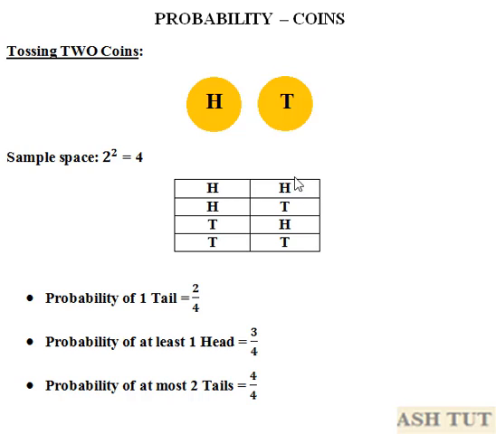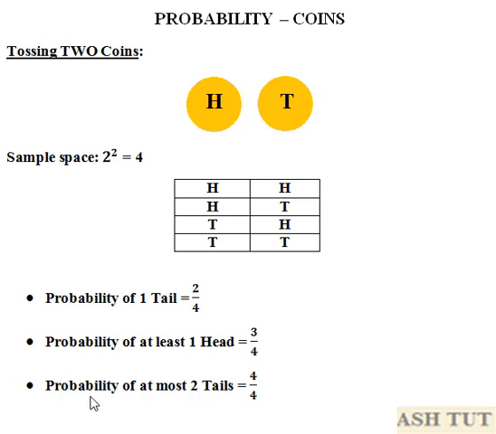We will also consider this, because minimum head we want is 1, but maximum it can be 2. And in the last set, tail tail, there is no head, so we will not consider this set. So total number of sets is 3, and total sample space is 4. So probability of getting at least one head is 3 by 4.